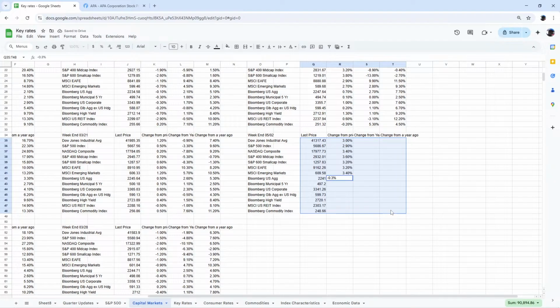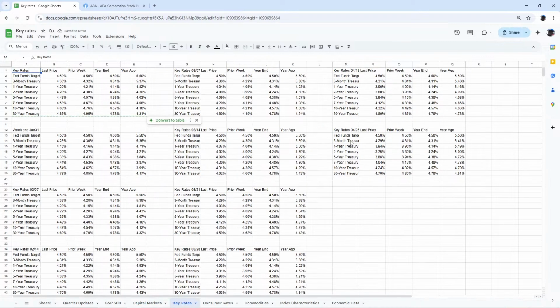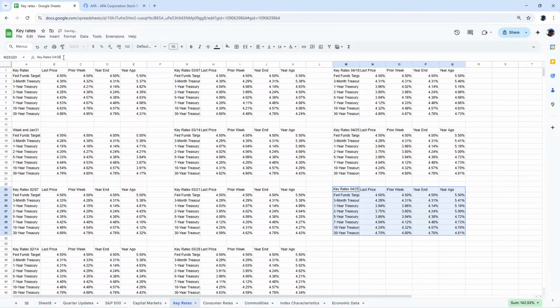Get over here to key rates. Get rid of all that. Fed funds target 4.5.